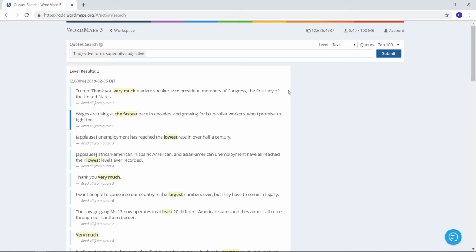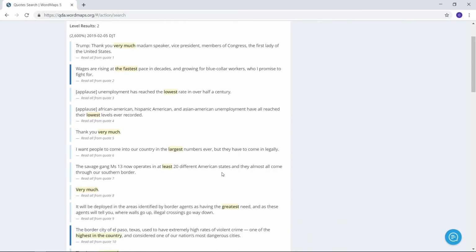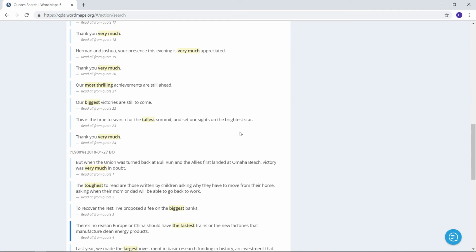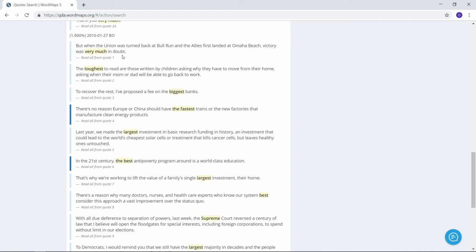For example, a quote from Donald J. Trump: lowest rate, lowest level, largest number, greatest need, and so forth. And we have down here some quotes from Barack Obama: toughest to read, biggest bank, fastest trains, largest investments.